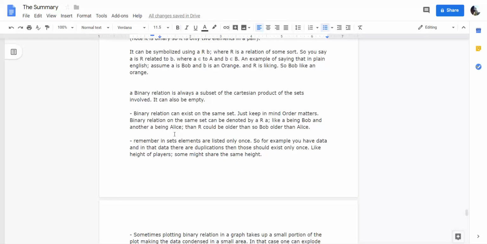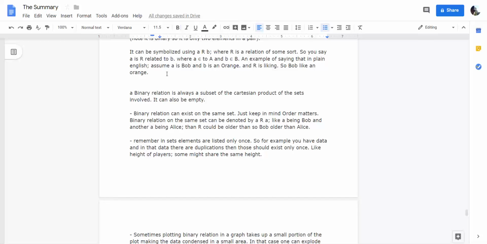Antisymmetric means that if A is related to B, then you can't go B is related to A.